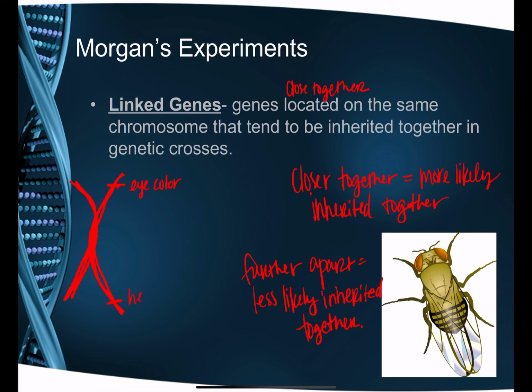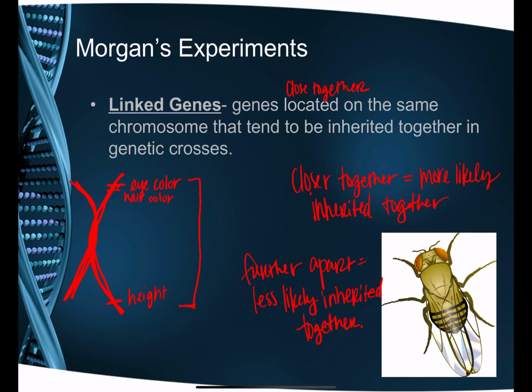And height. And then we've got one for hair color here. Okay. Now, if you're going to have crossing over, what is the chance that height and eye color will get separated by a crossover event?